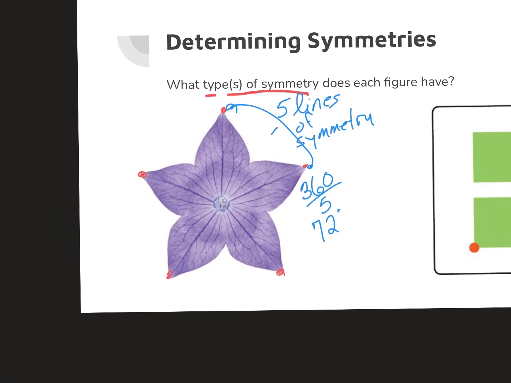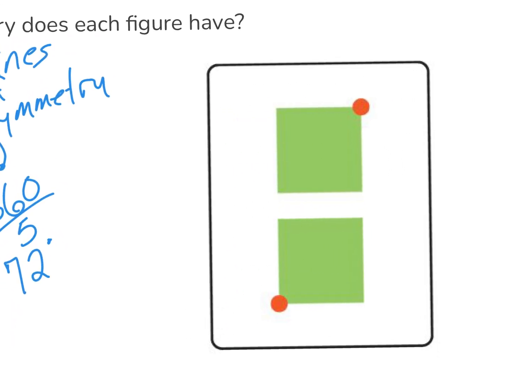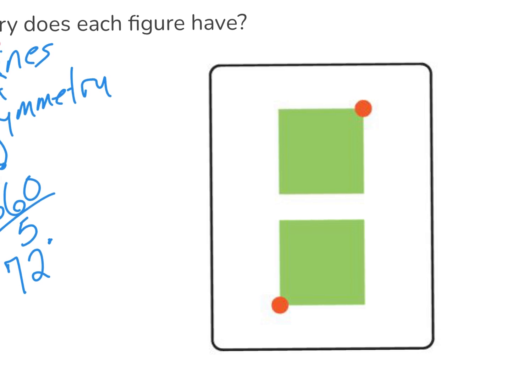Okay? Well, now let's look at the other figure. Does this have rotational symmetry? Let's think about it. Can I turn this? First of all, let's look at the reflectional symmetry first. If I draw a line here and reflect it, it's not going to work because of these. Those dots are making it so that I don't have a symmetrical figure.